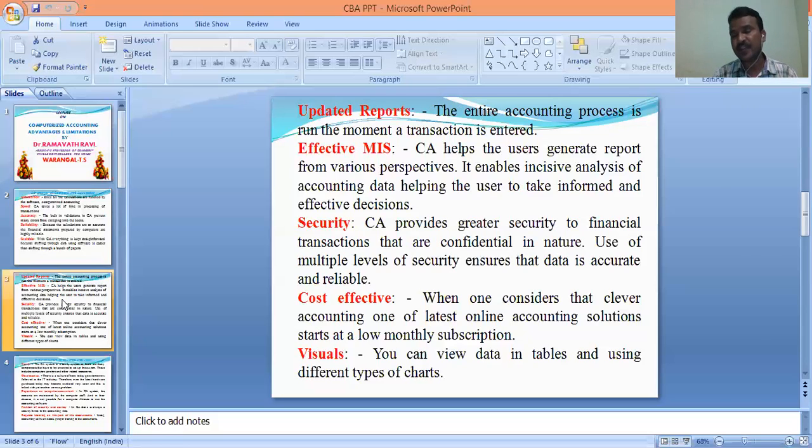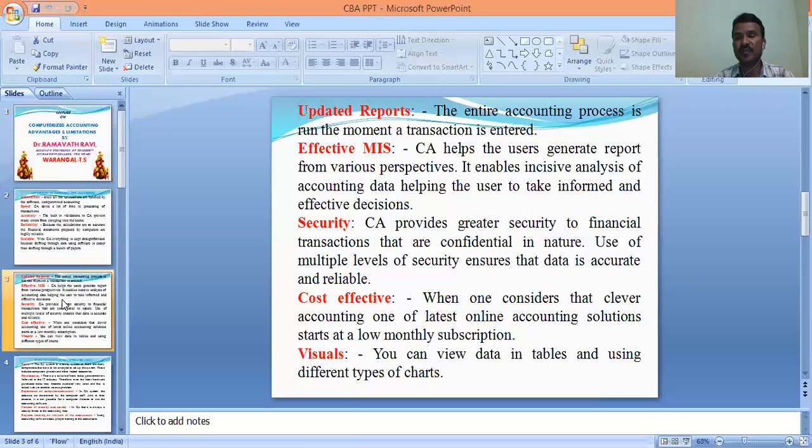And cost effective. From every point of view, cost is a major parameter, whether it is a worthy accounting system or not, and based on that we can analyze it. So cost effective means, when one considers clever accounting, at least online accounting solutions start at a low monthly subscription, and we provide them at low cost.